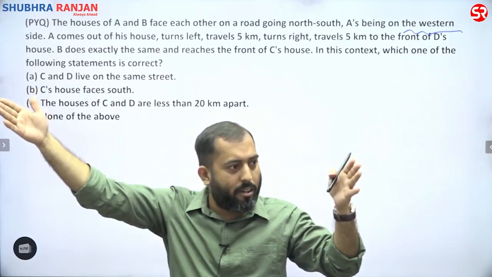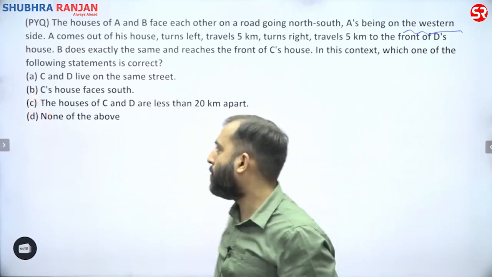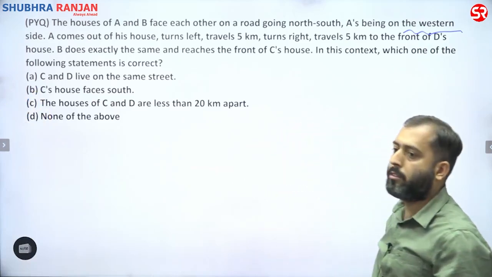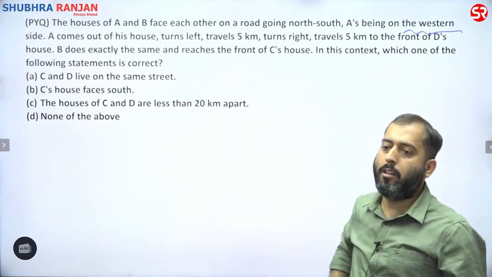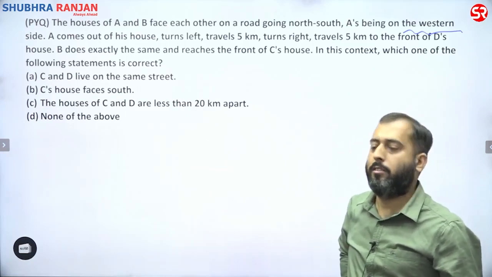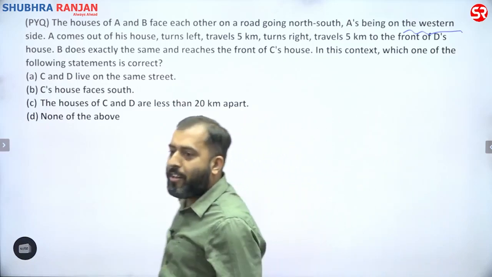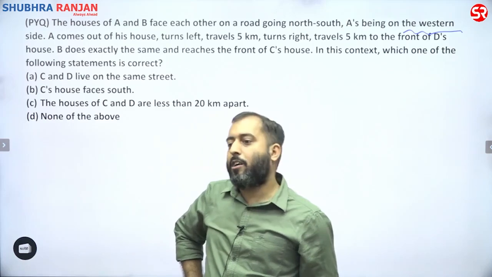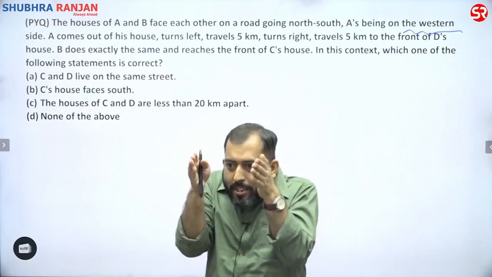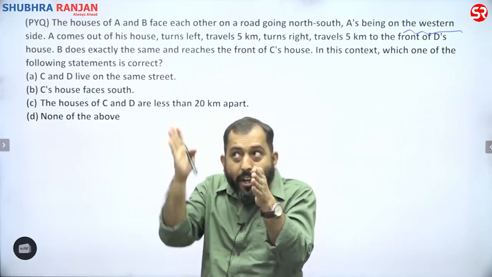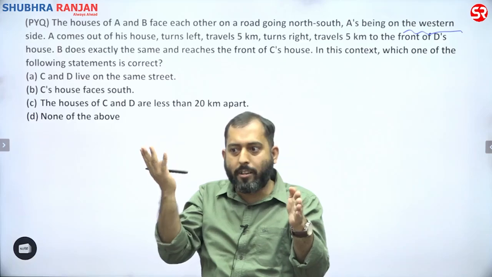Don't you think so? So until you know the distance between the houses of A and B, you cannot find that diagonal distance. That is it.